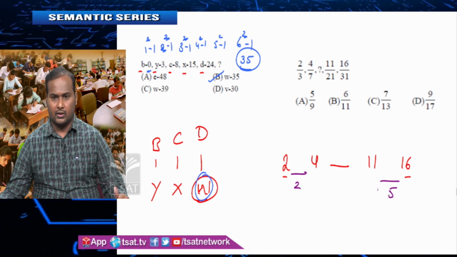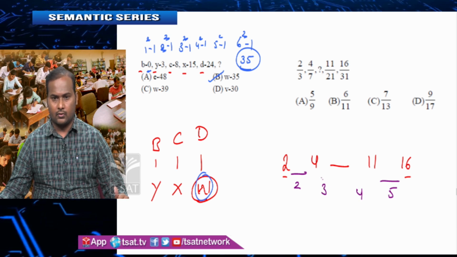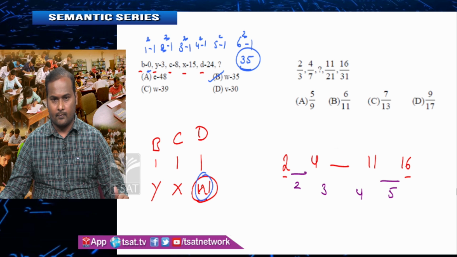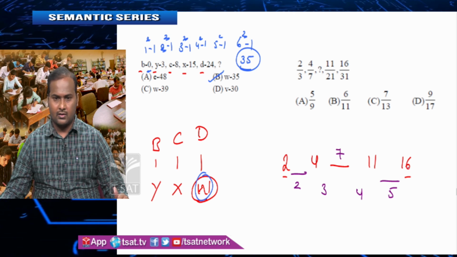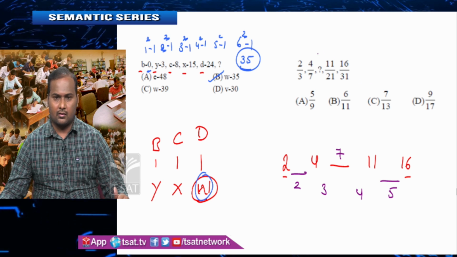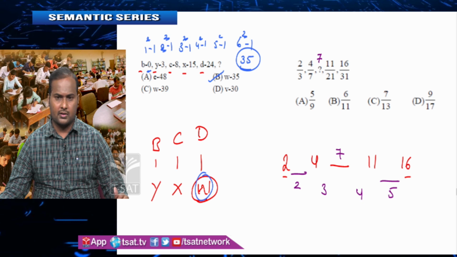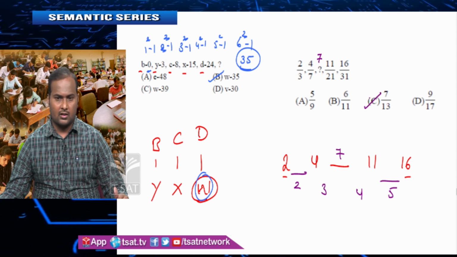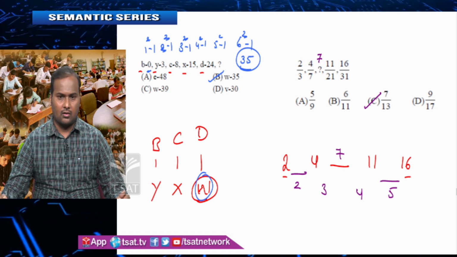So here 2, and here 5. Obviously here the difference will be 3 and 4. So 4 plus 3 is 7, 7 plus 4 is 11, 11 plus 5 is 16. So your answer is 7. You see in the options there is only one option where the numerator is 7, that is option C. Anyway, we will check the denominator also.